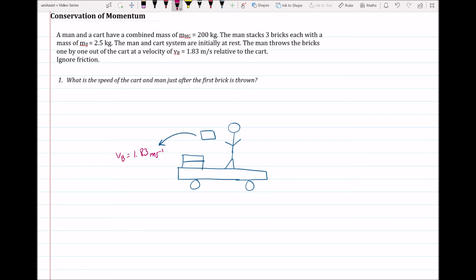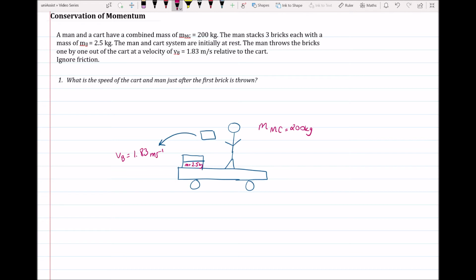The total mass of the man and the cart is equal to 200 kilos. And each of these bricks has a mass of 2.5 kilos.